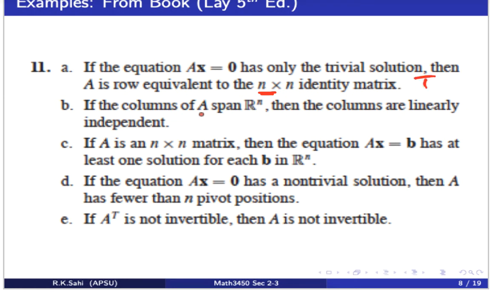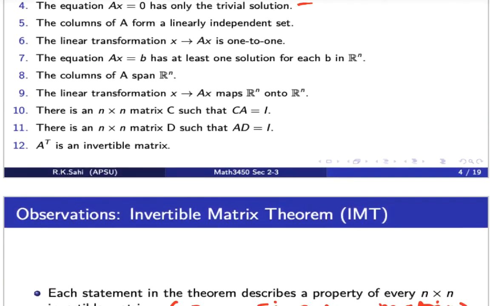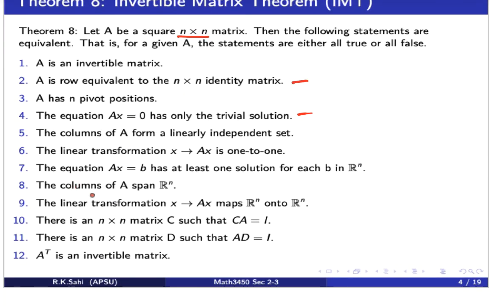The next one says, if the columns of A span Rn, then the columns are linearly independent. Clearly, if we look back at our statements, this is statement number 8 and this is statement number 5. If statement number 8 is true, then definitely statement number 5 is true. The columns of A span Rn, and the columns of A form a linearly independent set.